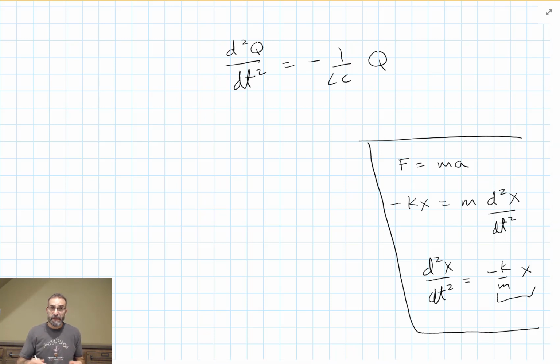Our mass on a spring, what was happening to the energy in our system? It went from kinetic energy of the mass to potential energy in the spring, to kinetic energy of the mass, to potential energy of the spring, and it oscillated back and forth that way. And as long as there was no friction in the system, it would oscillate back and forth like that forever.